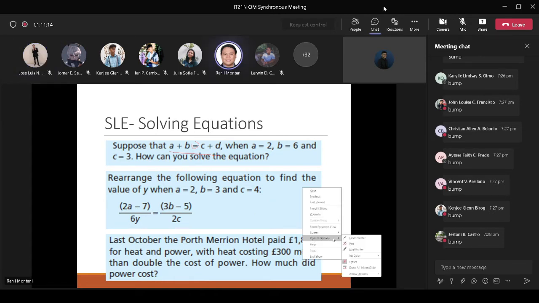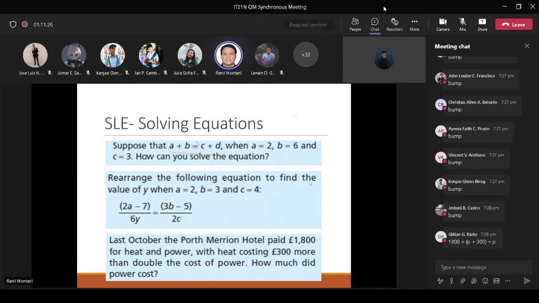So here, in this problem, ito na yung mga problem na sometimes challenging for some people. Okay, so ano ulit ang gagawin natin? Let's underline. What are the variables here? First we have heat and power. Agree, everyone?